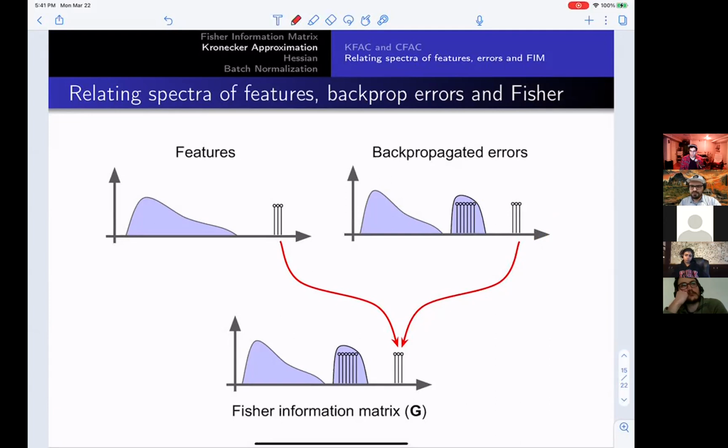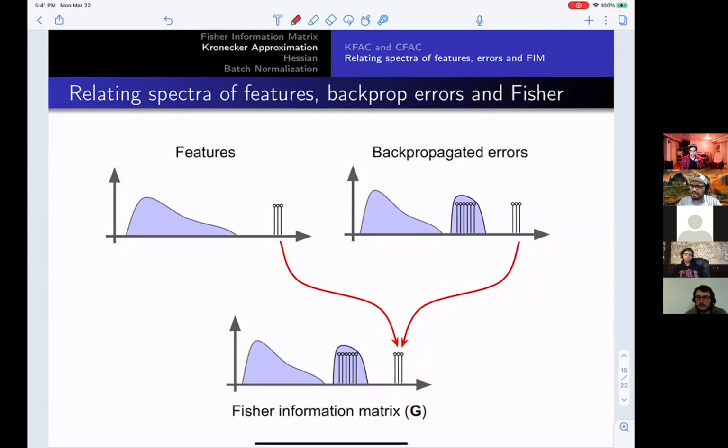So hopefully you have intuition about tensor products from some courses that you did in your distant past. And so essentially, the features have a set of class means which are being Kronecker-multiplied by the class means of the backpropagated errors. And after they're being Kronecker-multiplied, you get the outliers in the Fisher information matrix.